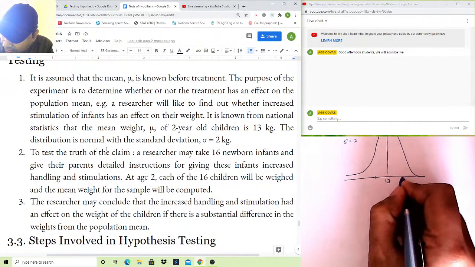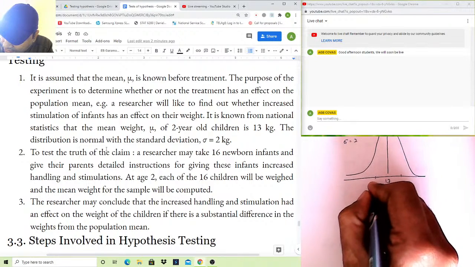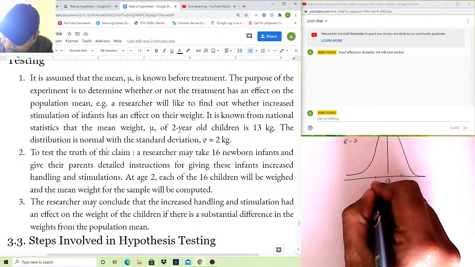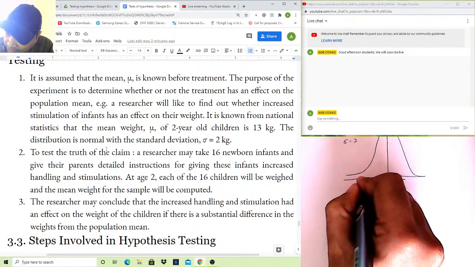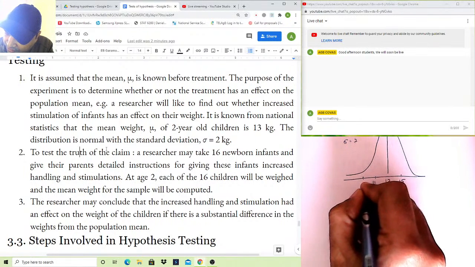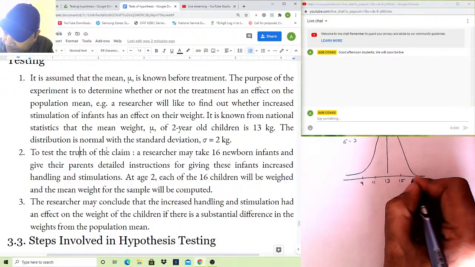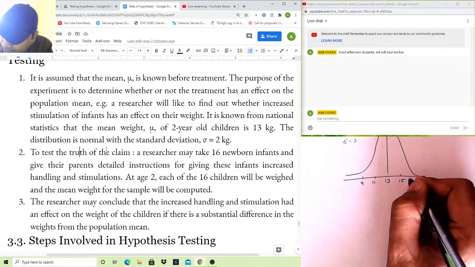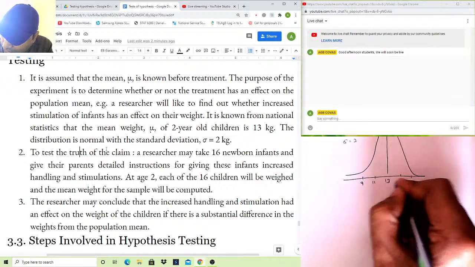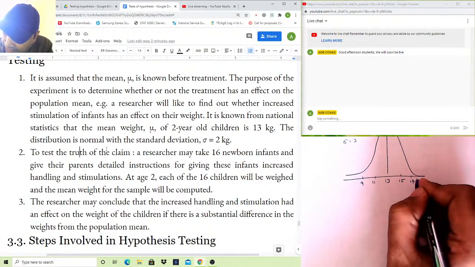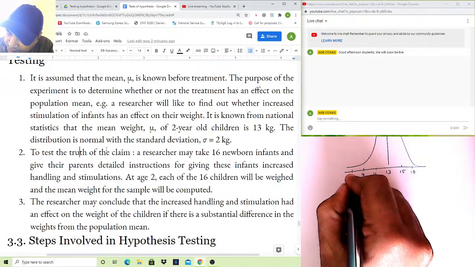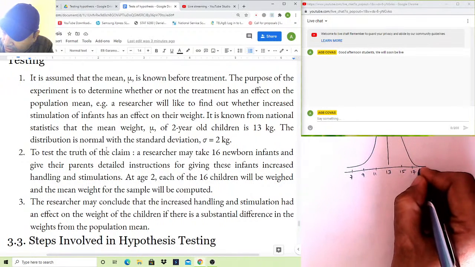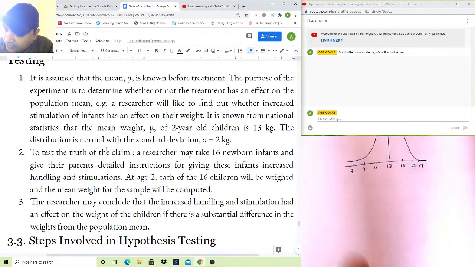So at one sigma difference, it will be 11 on this side and 15 on this side. At 2 standard deviations, it will be 9 kg, and plus 2 is 17 kg. At 3 standard deviations, it will be 7 kg, and on this side 19 kg, right?